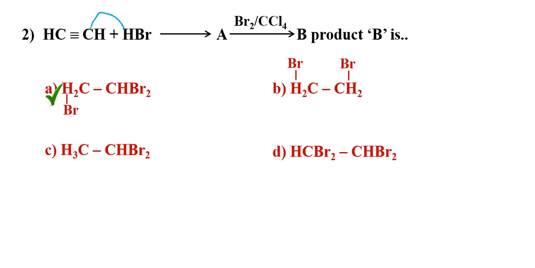This H is attacking here, the bromine is going here, that means CH2 double bond CHBr. Next, reaction with bromine. Bromine will be on both sides, here bromine and here bromine. So the final answer is A.